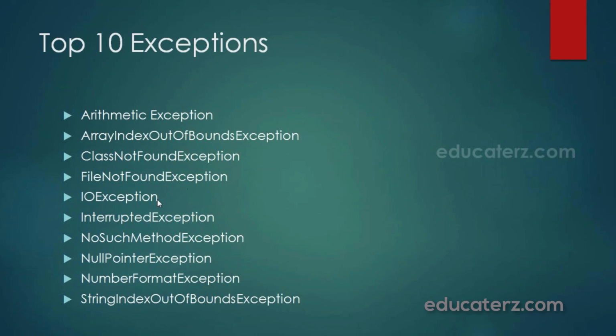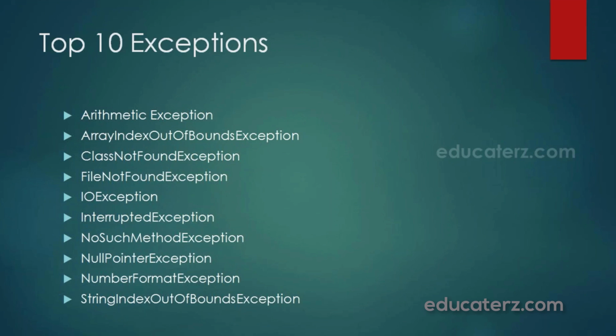IOException is thrown when an input-output operation failed or was interrupted. InterruptedException is thrown when a thread is waiting or sleeping or during some processing and it is interrupted. NoSuchMethodException is thrown when accessing a method which is not found. NullPointerException is raised when referring to the members of a null object.